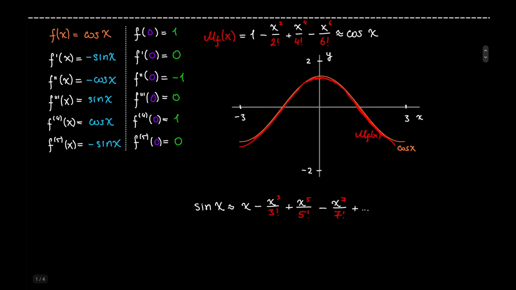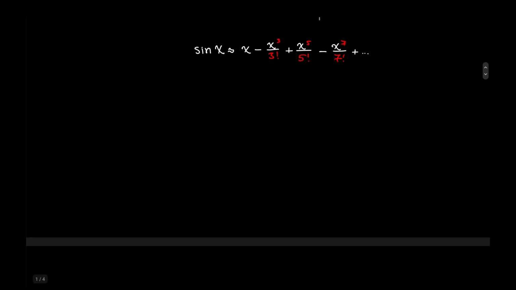To end the video and also end the series, I'm going to present you a formula which can be used to construct the Maclaurin series for functions in the form of 1 plus x raised to the power of p, and it is called the binomial series.